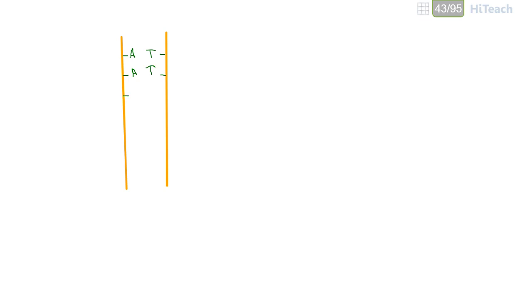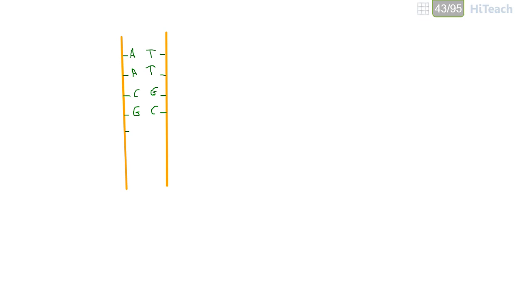This one is C, so it should be connected with G from the other side. G, not C, which is wrong. This one here, G, should be connected with C from the other side. These strands are complementary, they complete each other. Look how I'm doing this.